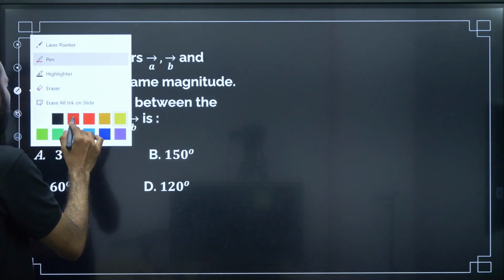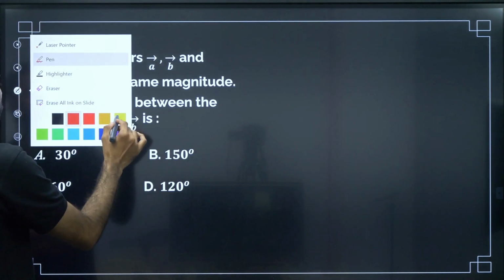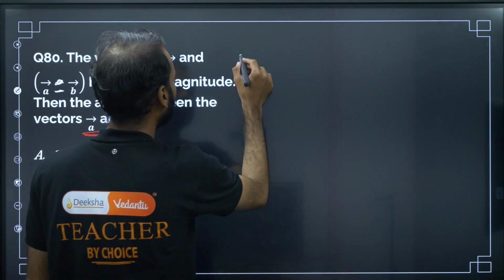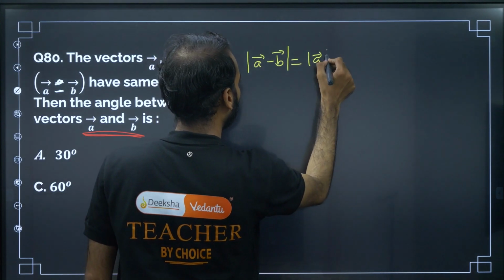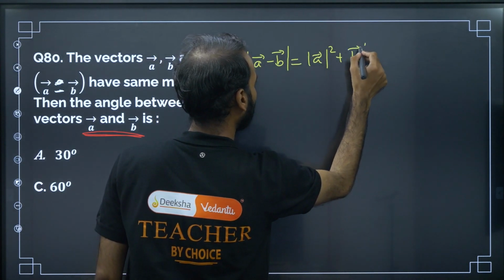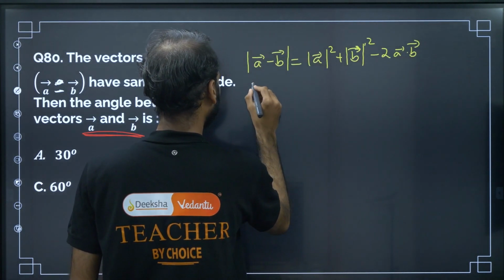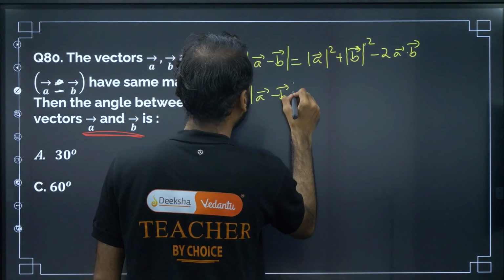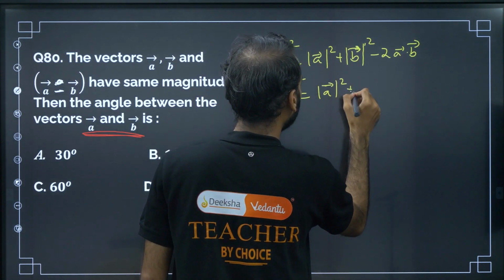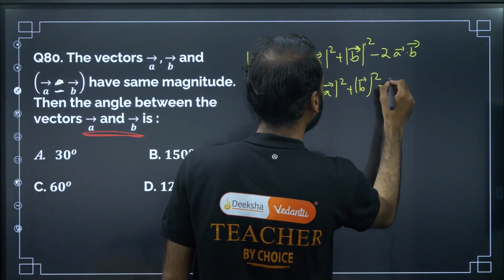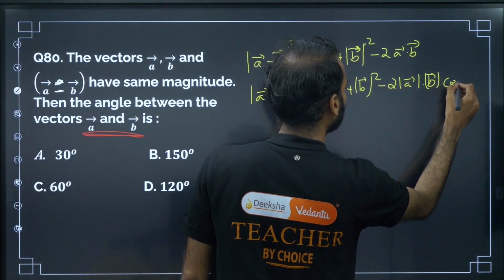So they are asking to find angle between A and B. Try to recall whenever we want angle, you recall one equation: magnitude of A minus B squared is equal to A square plus B square minus 2 A dot B, or A square plus B square minus 2AB cos theta.